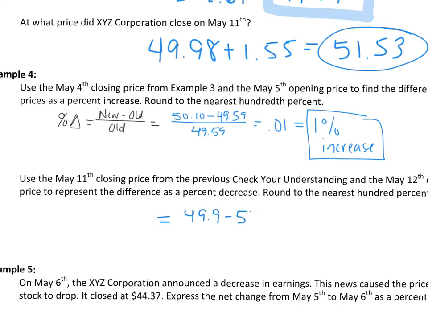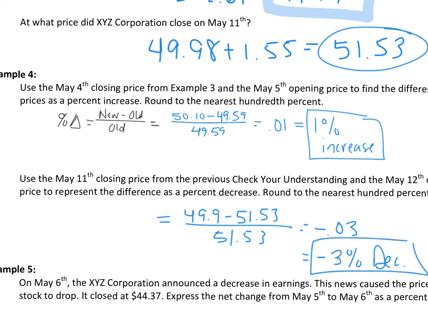So minus 51.53 over 51.53. That's 49.9 minus 51.53 equals, divided by 51.53 equals, and then this is negative 0.03, or in other words, a negative 3% decrease.